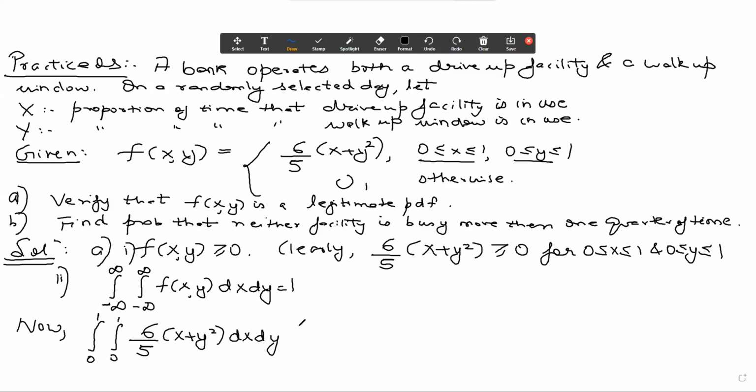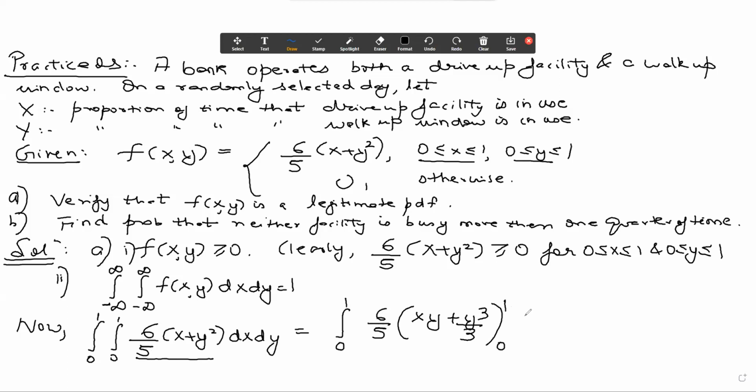How will we do this integration? First, let us integrate with respect to y. If I integrate with respect to y, one of the integration signs will go. So this will be 6/5 times, if I integrate x plus y square, xy plus y cube by 3, and I will run this from 0 to 1.